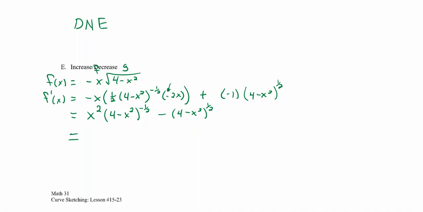So the next row here, what I'm going to do is I'm going to factor just that. So I've got 4 minus x squared to the negative 1/2. Okay. And then what I'm left with would be x squared. And then this is gone, right? Minus. And now this is kind of the thing to get your brain wrapped around.